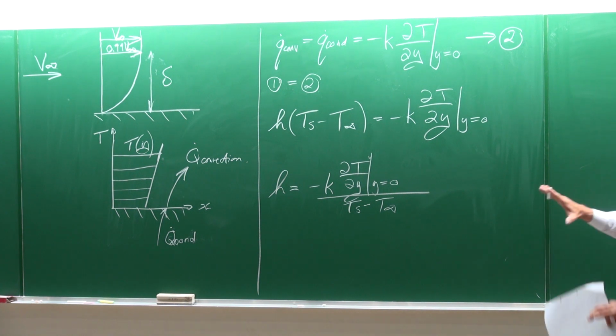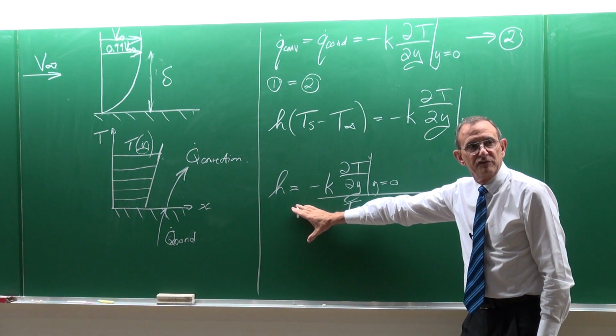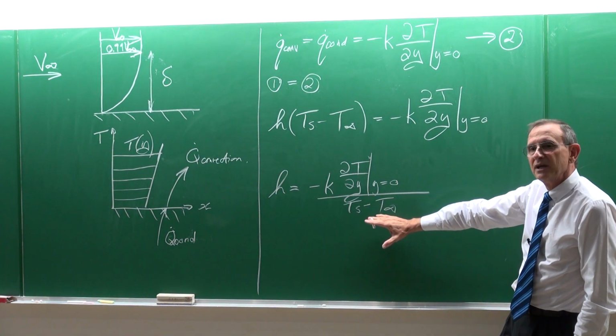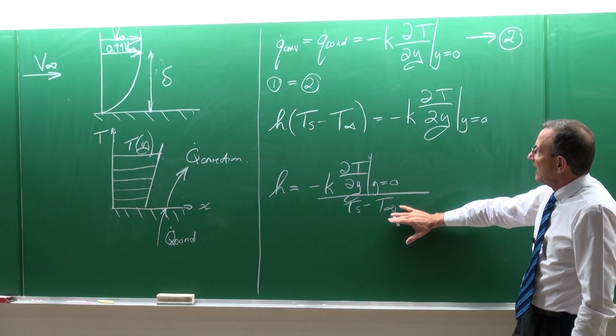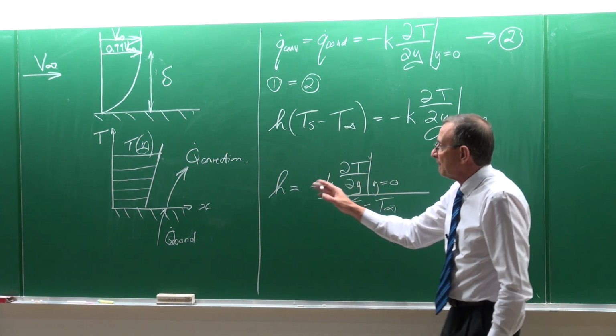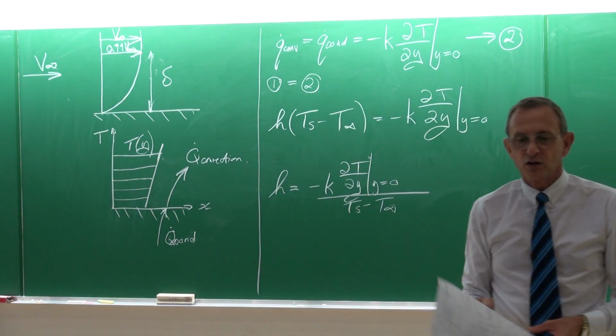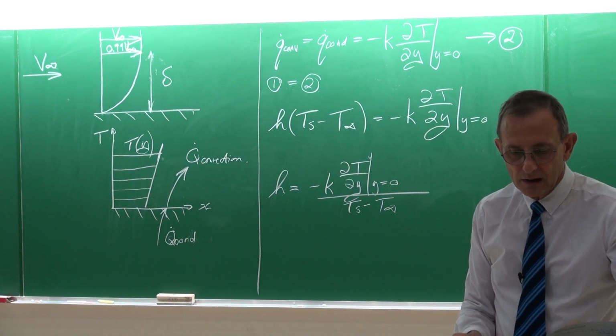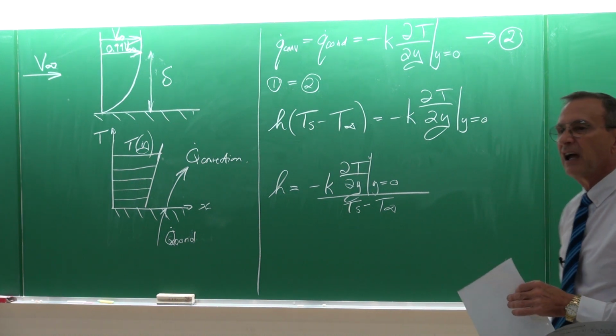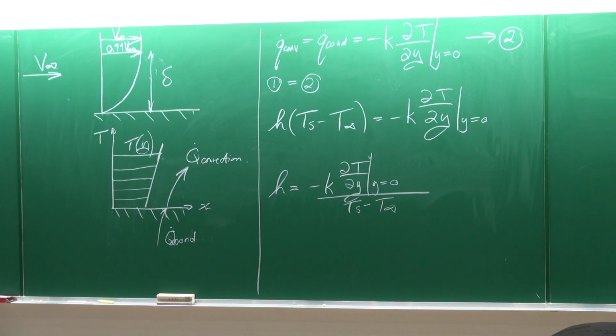So that is fundamentally the heat transfer coefficient. There's just one big practical problem, and that is normally we never have this temperature profile. It's very difficult to measure it and not really practical to use. However, that is really the heat transfer coefficient.